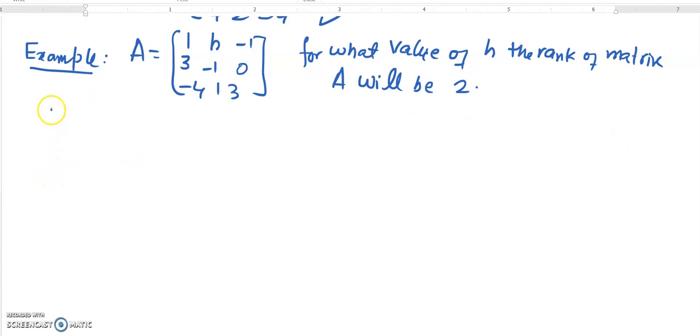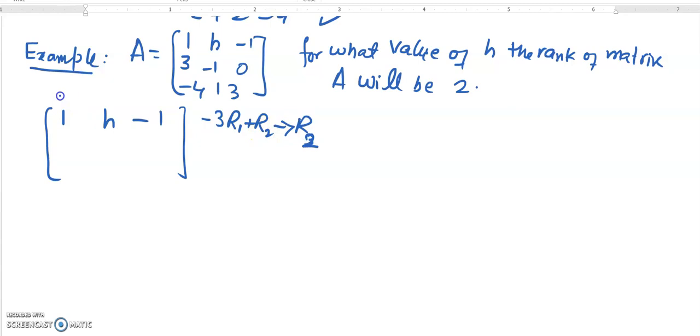So in this case, just as in other cases, we do the row operation. So 1, H, minus 1, and then we multiply the first row by minus 3 and add it to the second row, that will be the second row. So it will be 0, and then minus 1 minus 3H, and then 3.